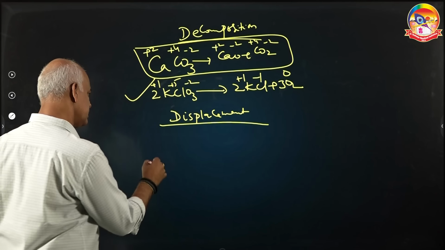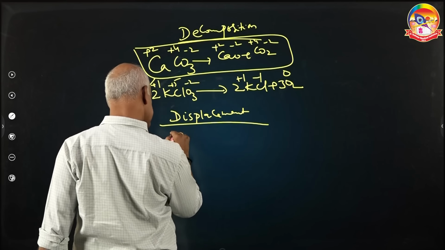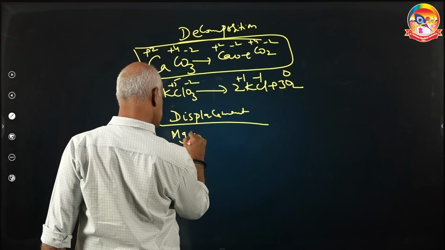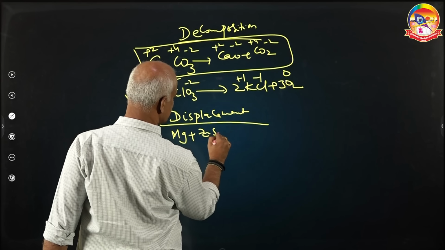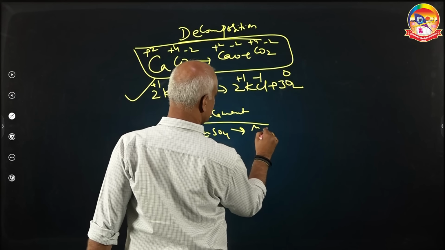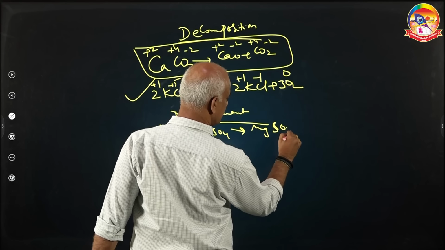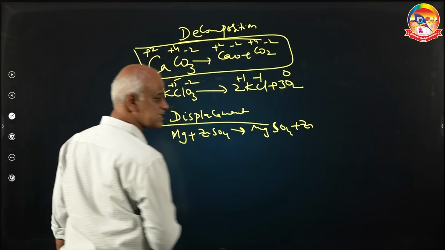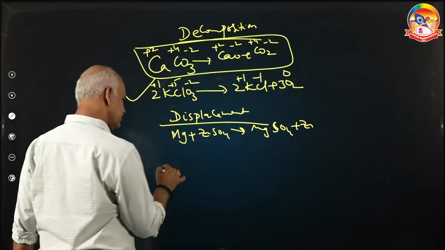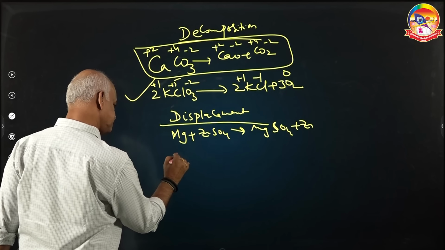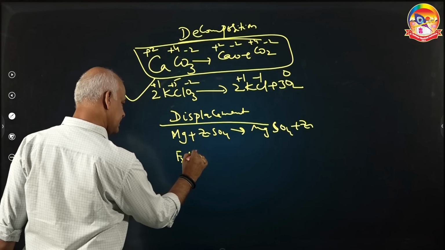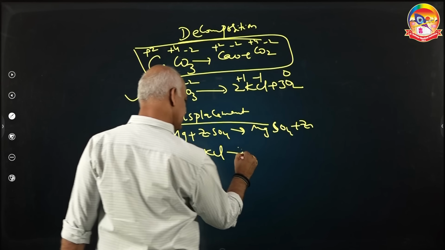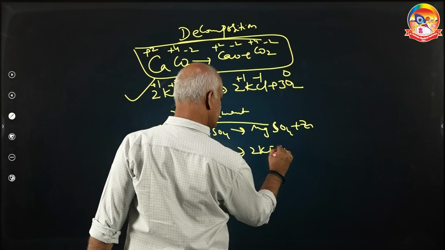Displacement reaction. What is this type of displacement? Do you know this? Mg plus ZnSO4 gives MgSO4 plus Zn. Metal displacement reaction. Then what is this called? F2 plus 2KCl gives 2KF plus Cl2.